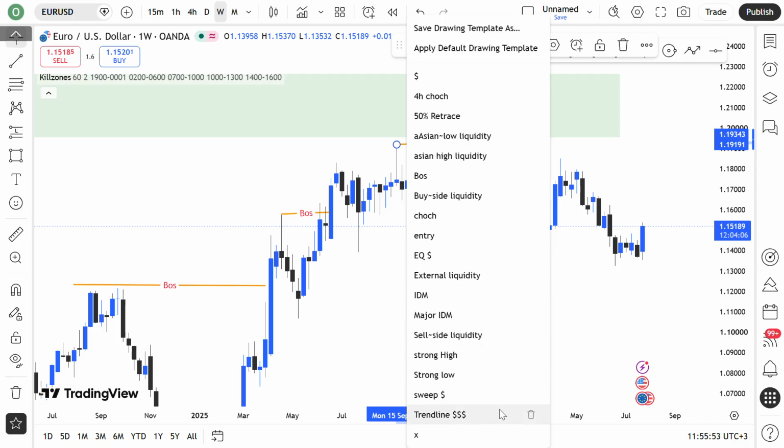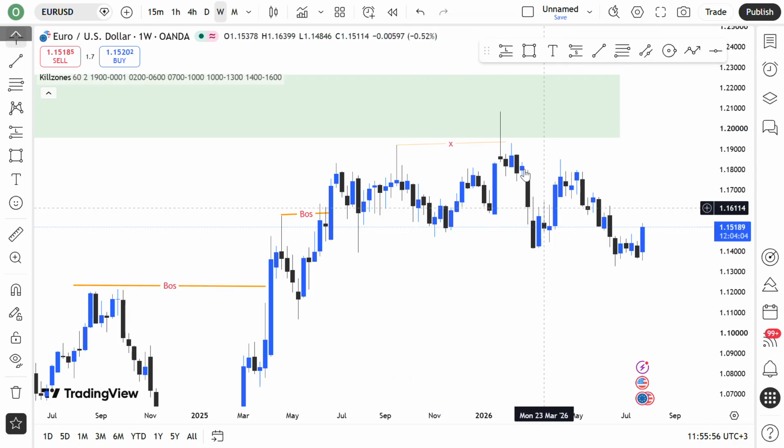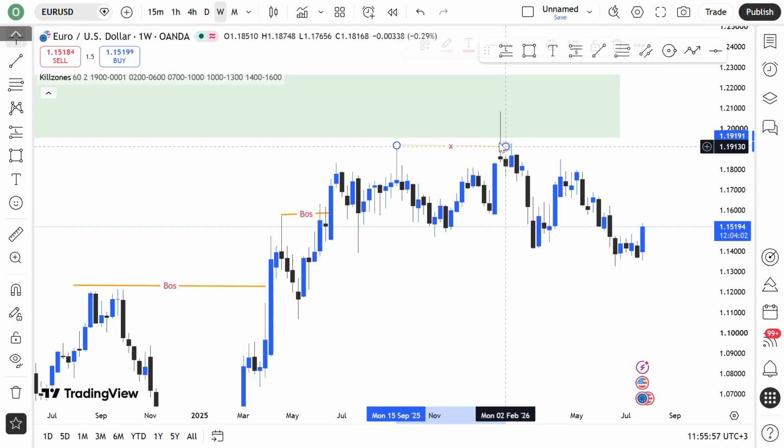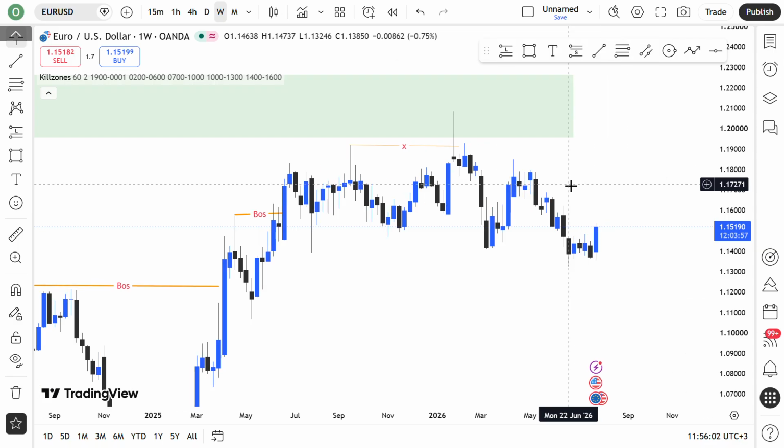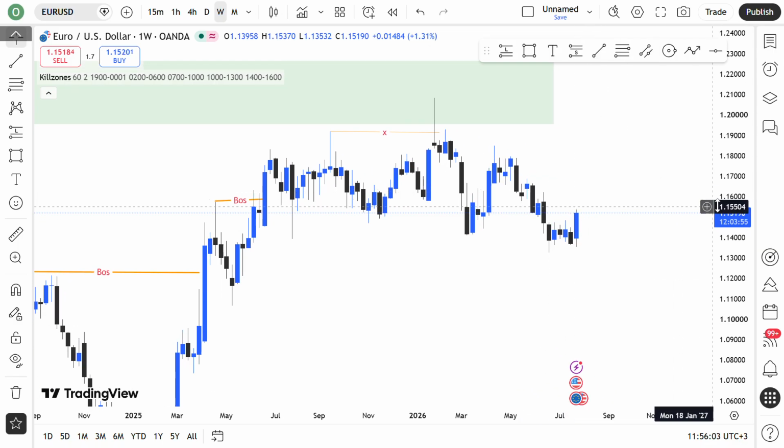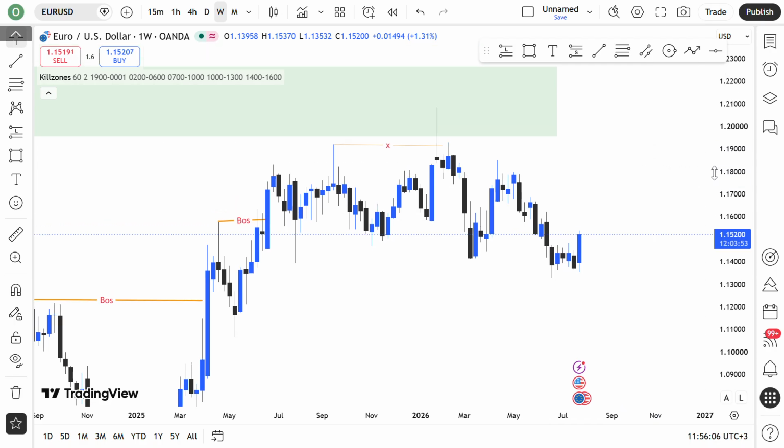Price came in, sweeping that high, and now price traded into this area of interest from a monthly time frame, and what we expect now is to see price shifting from an uptrend into a downtrend.